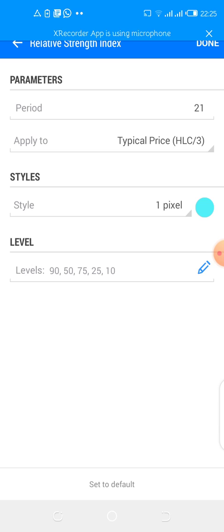So it is level 21, applied to typical price, HLC/3. Styles, pixel 1, whatever color you want, and then levels. Make sure you set levels 90, 75, 50, 25, and 10. So for booms, MACD must touch level 10. For crashes, MACD must touch level 90.